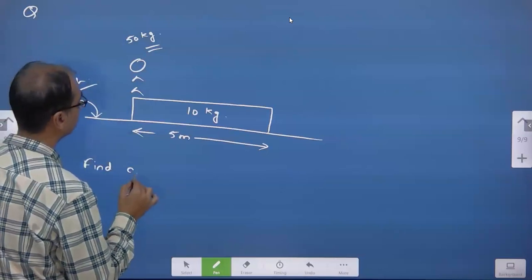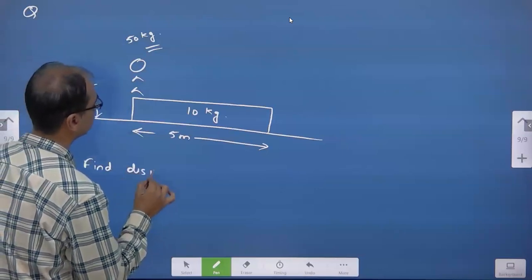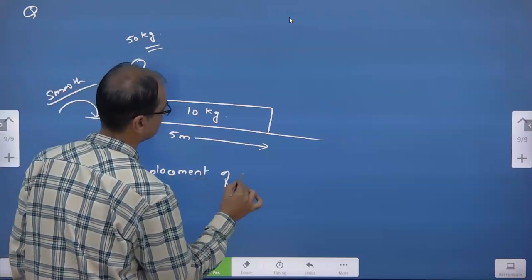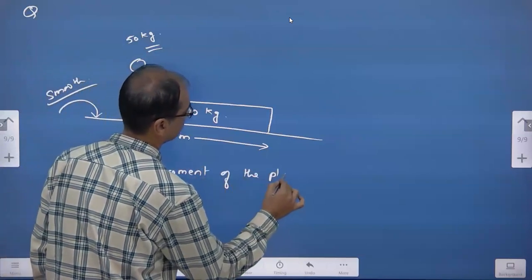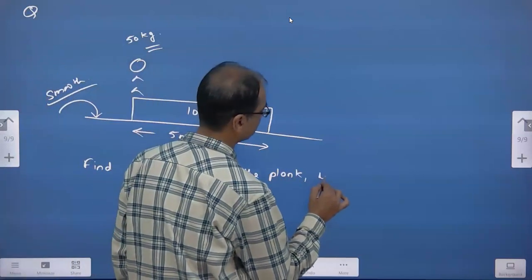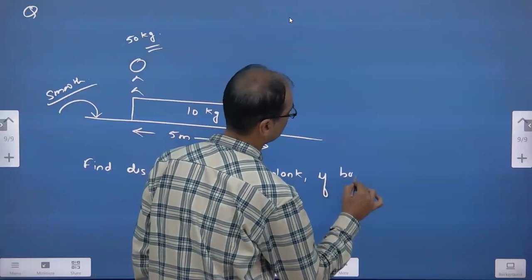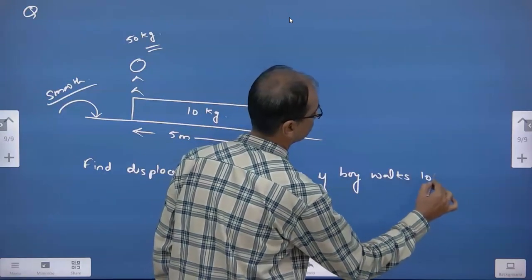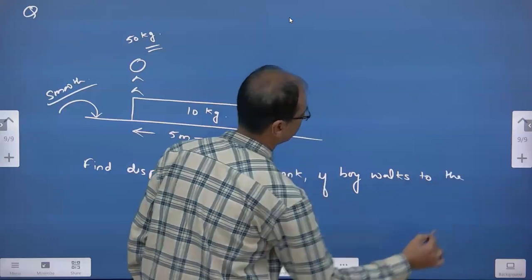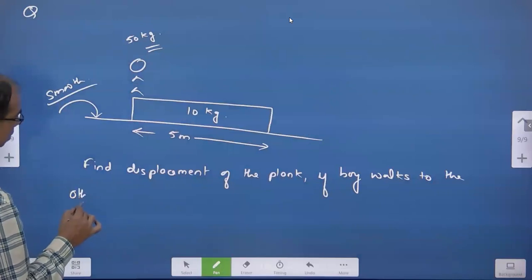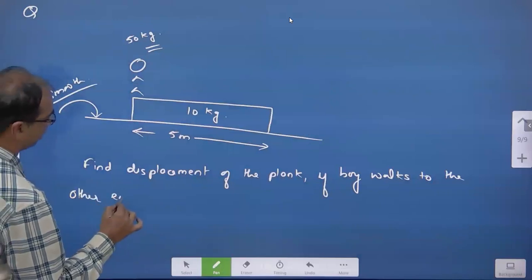Okay. Find the displacement of the plank if the boy walks to the other end of the plank.